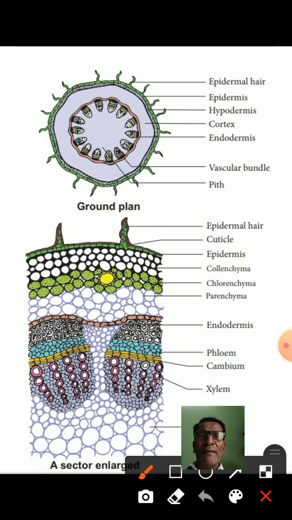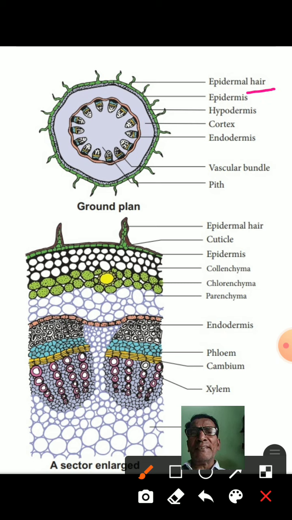This diagrammatic section shows us the internal organization of the different tissues or layers, and how they are composed. Now, this ground plan shows the outermost skin, which is called epidermis.